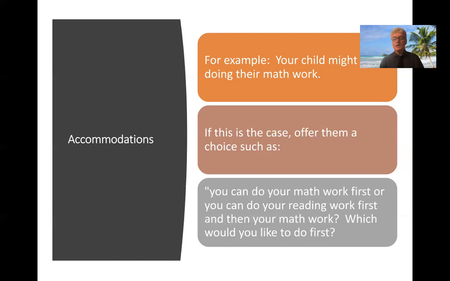It may be, you can finish this math work, or would you like to do your reading now? Or maybe even a third choice. But you don't want to give them too many choices, and you want to set the options for them, so they don't choose something that is completely out of the arena of schoolwork.